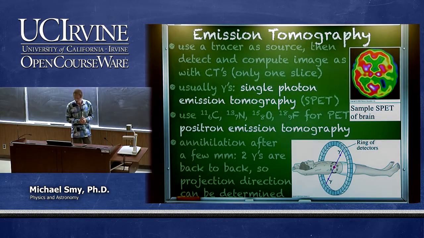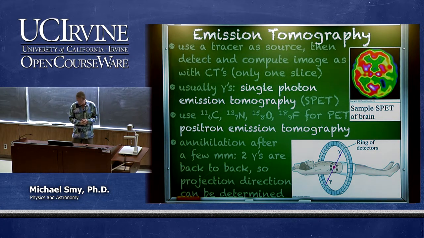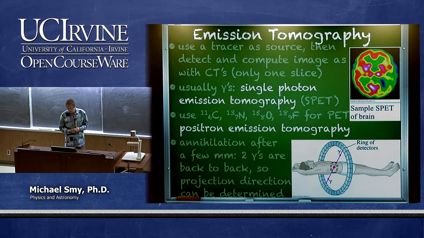So for the emission tomography, one uses a tracer as a source rather than an X-ray, meaning you make the body itself glow. So you then detect and compute the image as with a CT. One only gets one slice this way, though.